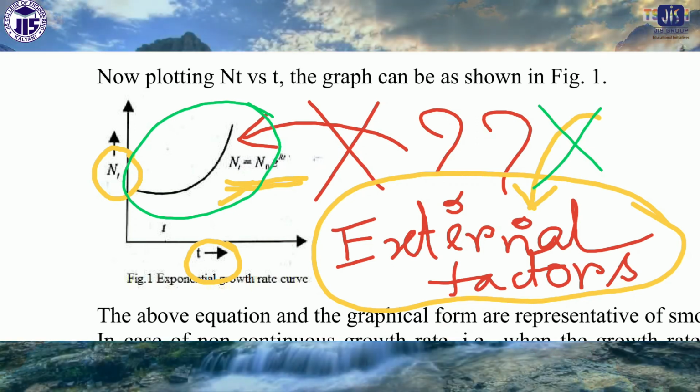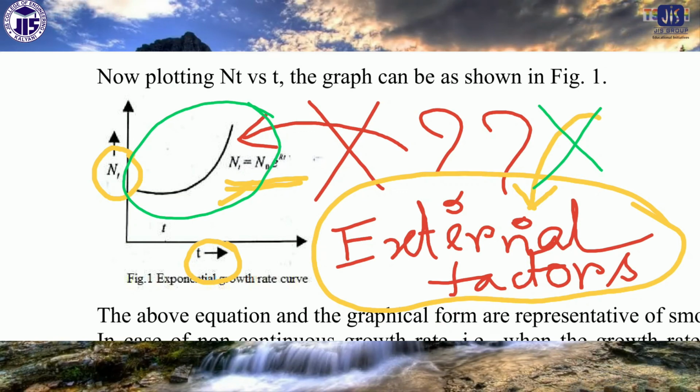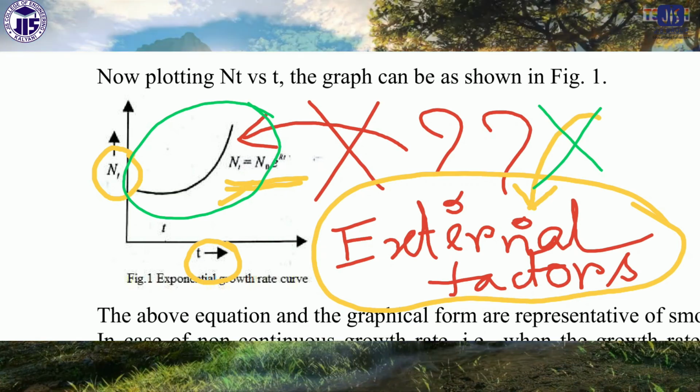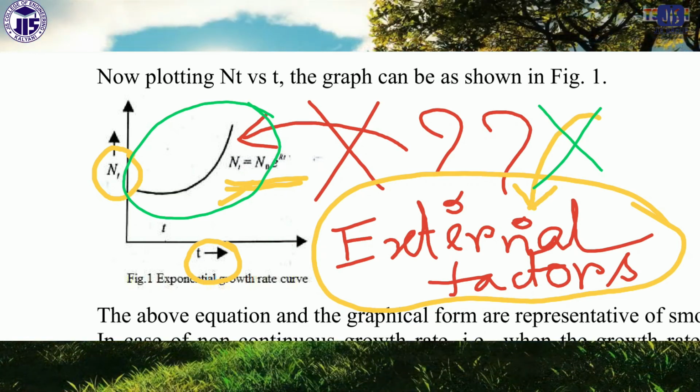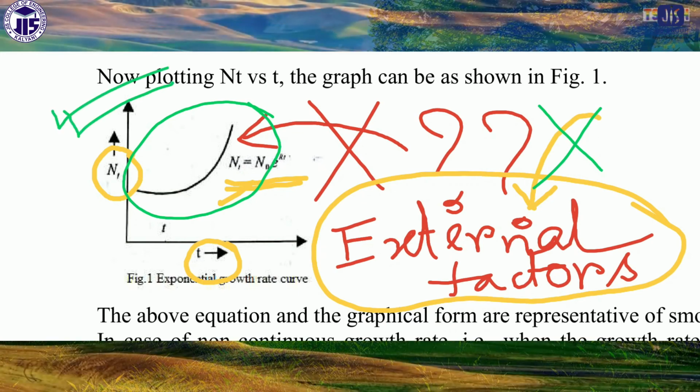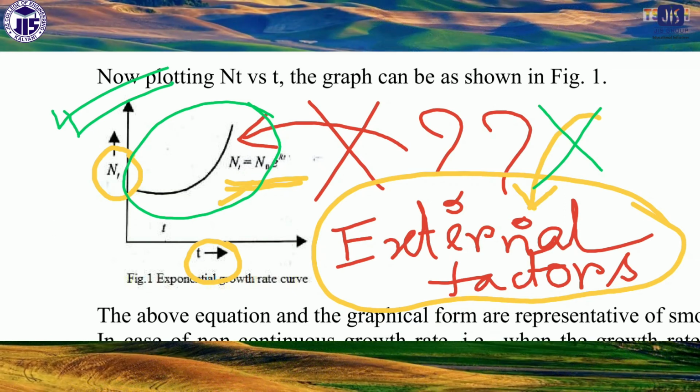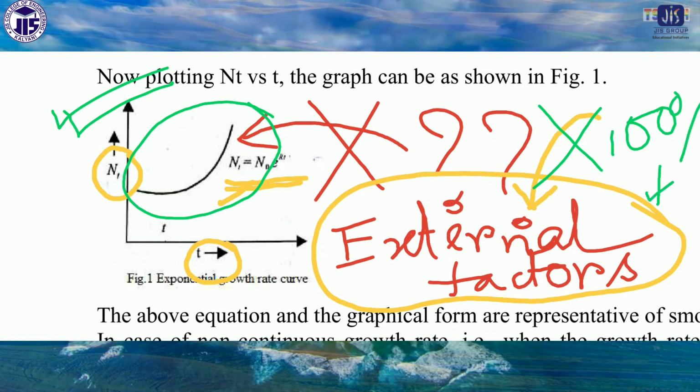There is no question of any stagnant situation or any decreasing situation of the population in a particular area. So that's why this exponential growth model is not appropriate. That means it is not 100% accurate according to the practical scenario.